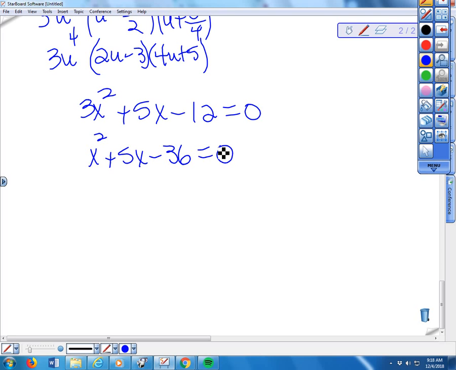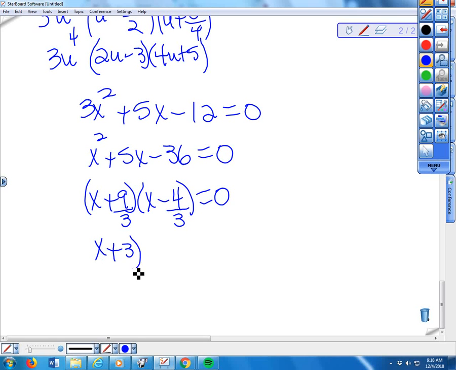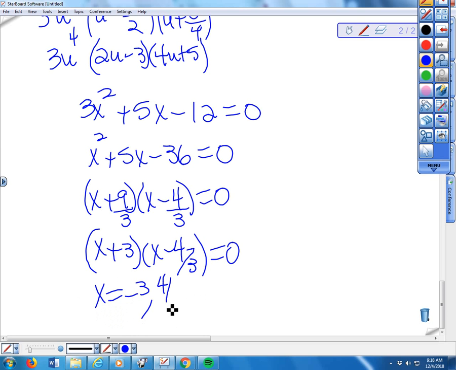Looks like 9 and 4. Then I have to divide this by 3. And x minus 4/3. So x equals negative 3 or positive 4/3 when I set both of those equal to 0.